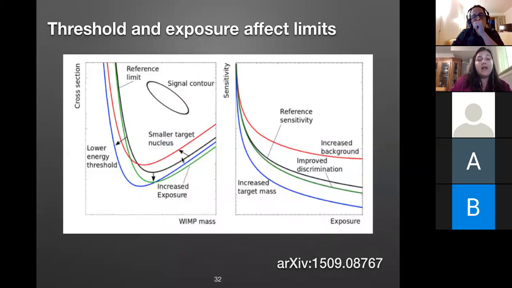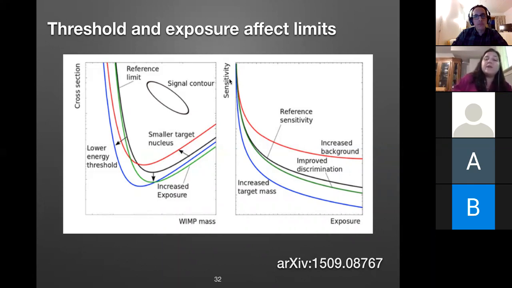If we go to a smaller target nucleus, we shift over to the left, going from the black to the red. If we simply increase our exposure, we go from the black to the green. And if we were able to lower our energy threshold, we go from the black to the blue. So lowering your energy threshold is always the best option you can have.